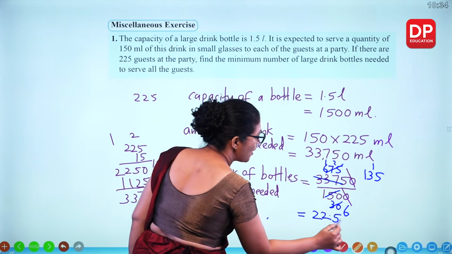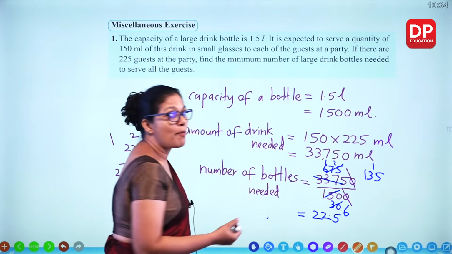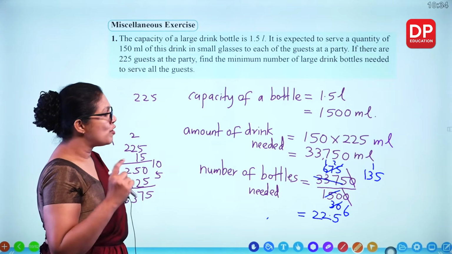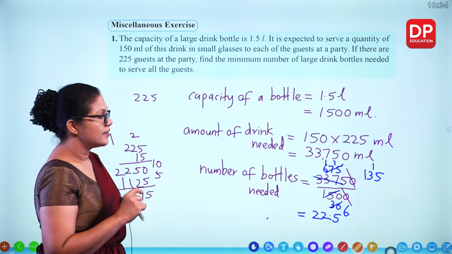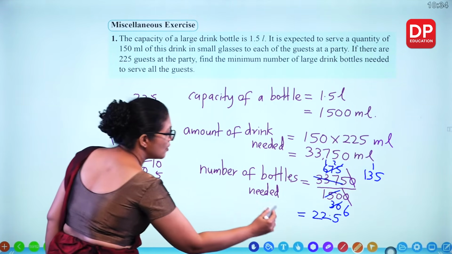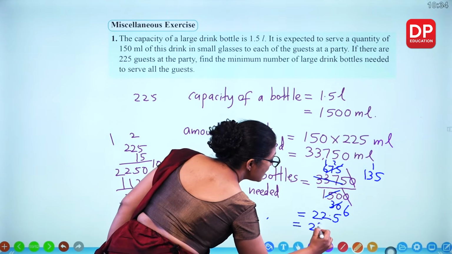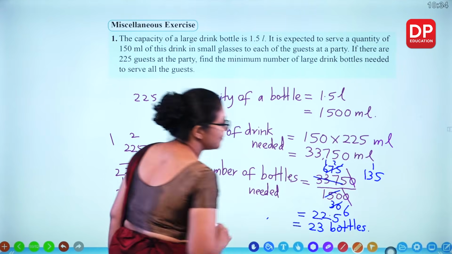So 22.5 bottles. You can't have half of a bottle, so you have to buy full bottles. So how many bottles required? So you have to take 23 bottles. So 23 bottles you need for this.